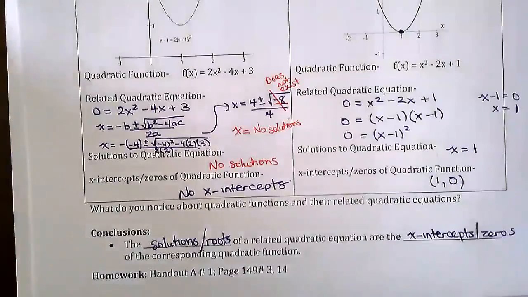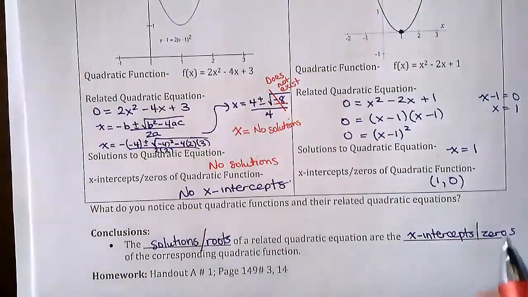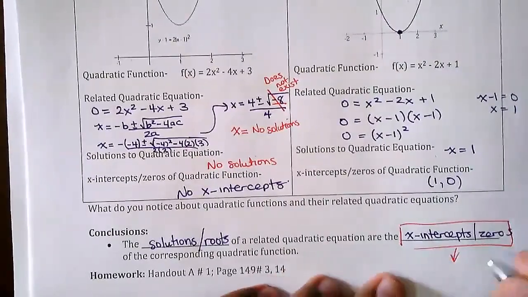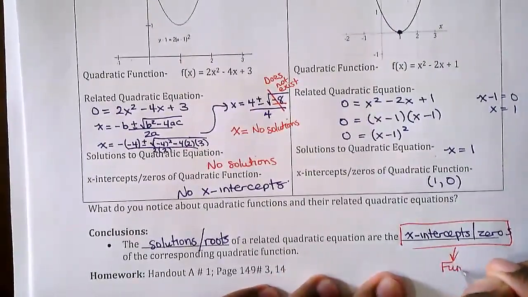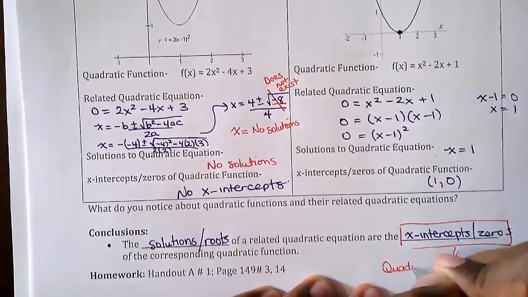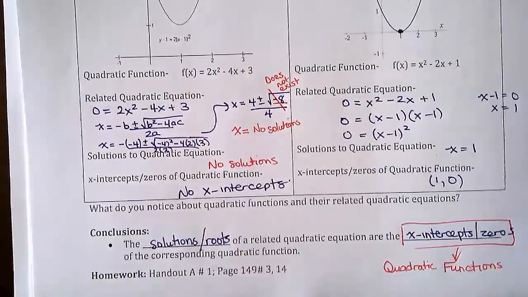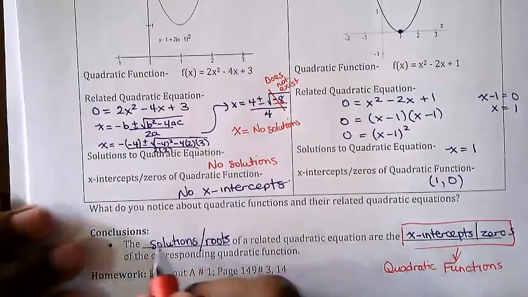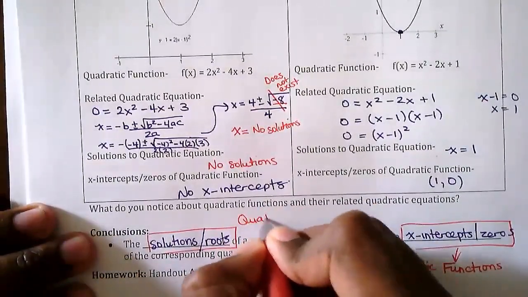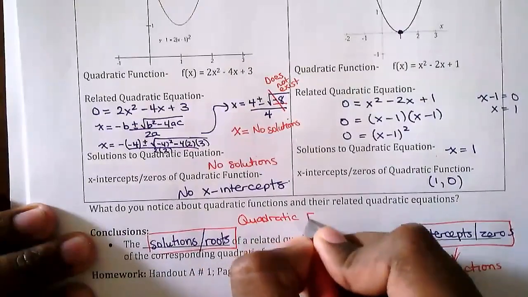What I do want to emphasize is don't mix these words up. X-intercepts and zeros are words that are used with functions, particularly quadratic functions. They can be used with other functions as well, but solutions and roots we're specifically using with quadratic equations.